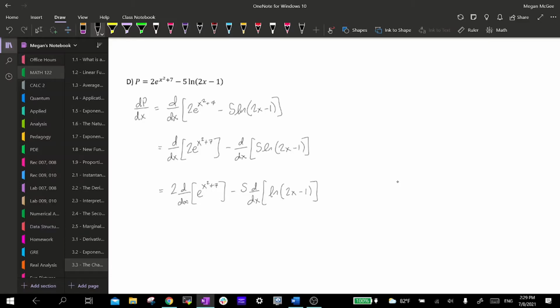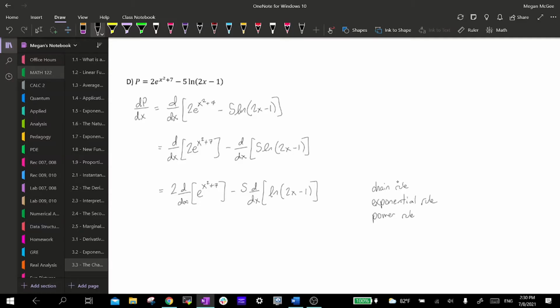Now that we've broken this down and simplified as much as possible, it's finally time to start evaluating these derivatives. We're going to need the chain rule, because immediately we see this natural log has an inside function going on. We also have an e to something, so we're going to need an exponential rule, and most likely a power rule in there too.